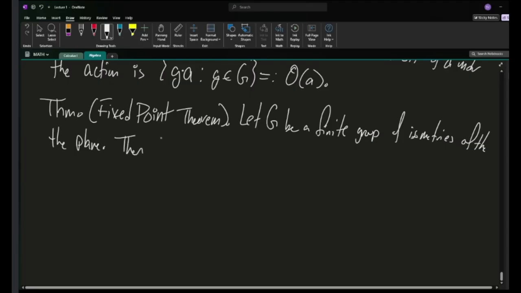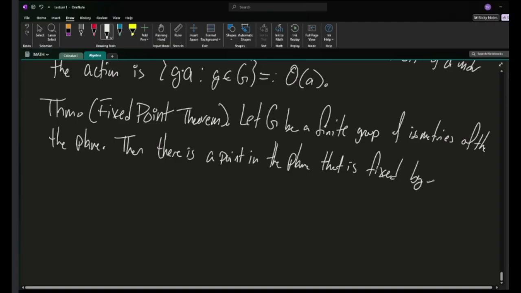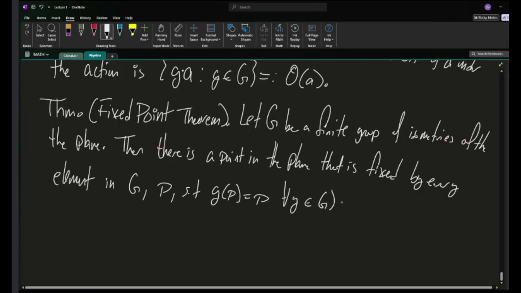Then there is a point in the plane that is fixed by every element in G. It kind of gives another definition of an orbit, a point P such that g of P is equal to P for all g in G.